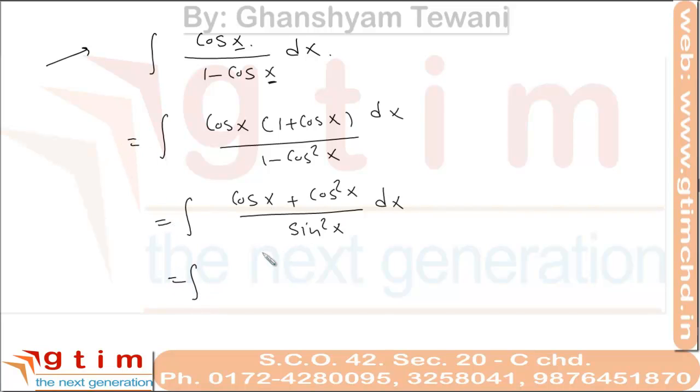Then this is, obviously, we will separate this. Cos x upon sin square is written as cot x multiplied by cosecant x, and cos square x upon sin square can be written as cot square x dx.